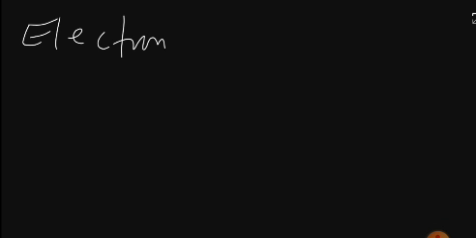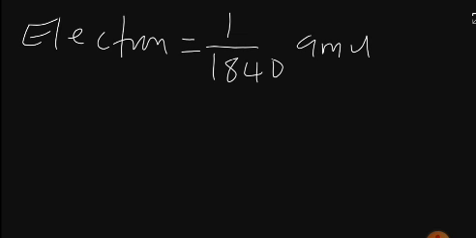Let's look at the mass of these three particles of an atom. The electrons have a mass of 1/1,840 AMU. AMU means atomic mass unit. It's a standard measurement or SI unit that is used to measure substances, for example element masses of those elements or compounds.